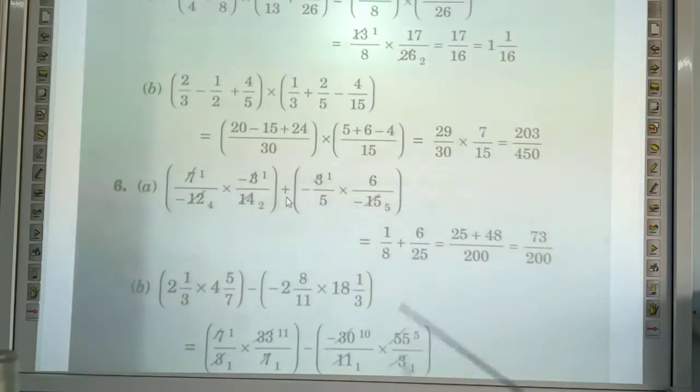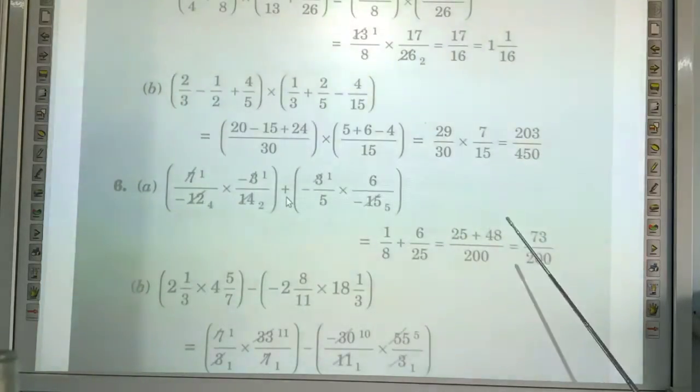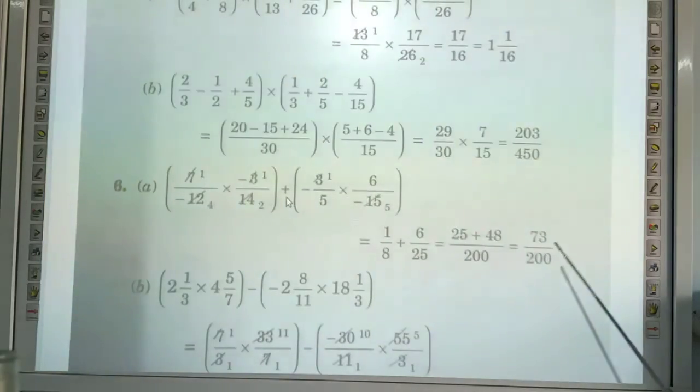LCM of 8 and 25 is 200, and 8 multiplied by 25 is 200, so 1 is multiplied by 25. 25 8s are 200, so 6 is multiplied by 8, which is 48. 25 plus 48 is 73, and finally we get 73 upon 200.